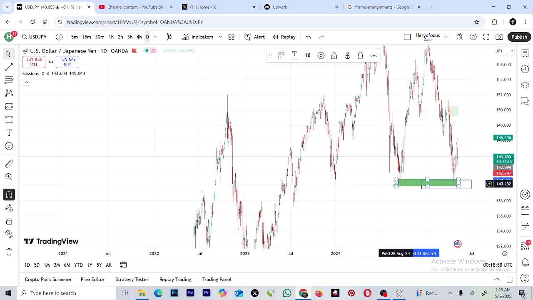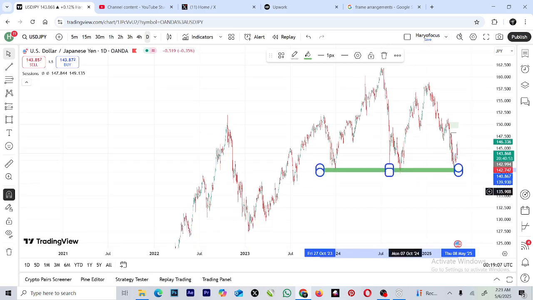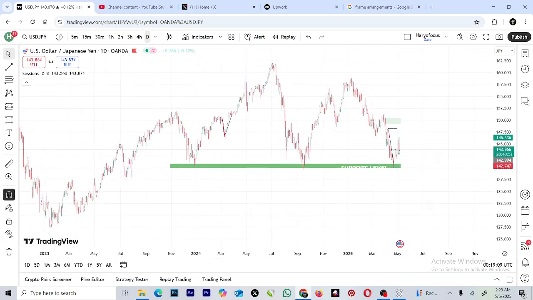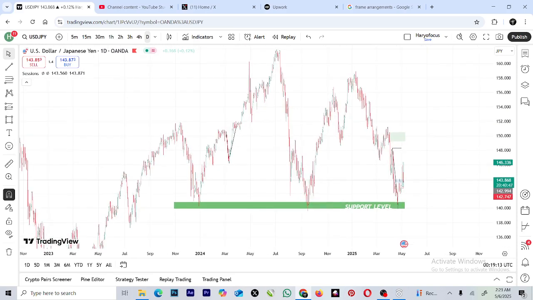If you check this place, this is another one as you can see. So making 3. These are support levels.